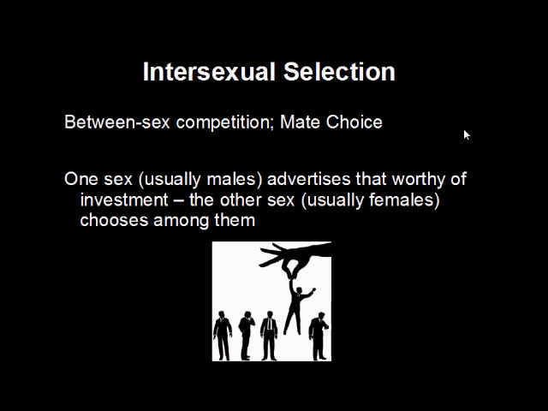What happens is that you have one sex, which is usually the males, advertising that they are worthy of investment. And you have the other sex, usually females, choosing among them. So that's when we call females the choosy sex.